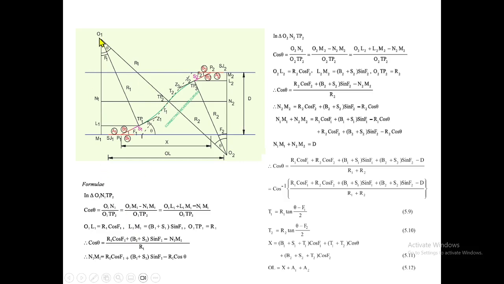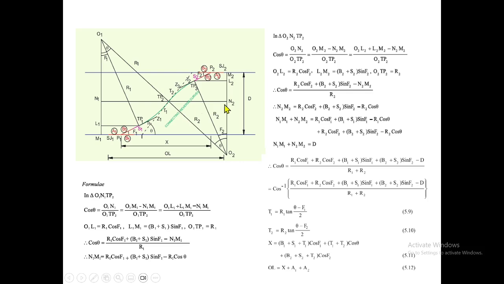Again, as in the previous case, to find out O1 N1, first we take this triangle and find out O1 L1, and this L1 N1 we find out using this triangle. Adding these, the total will get minus. Here we cannot get d by 2; simply we are getting N1 M1.